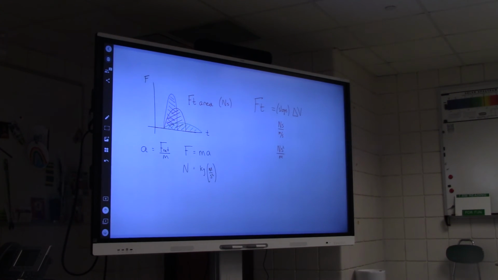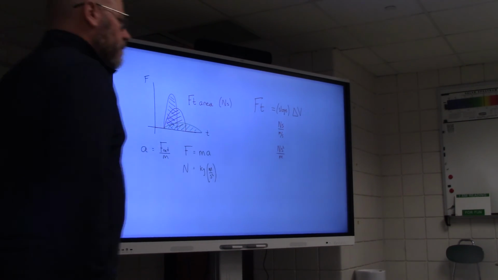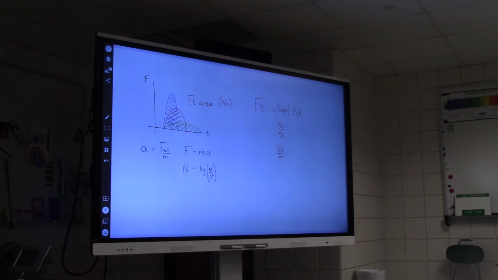I was simplifying that. Is this right? And then over. So this is the S mark. So those cross out.